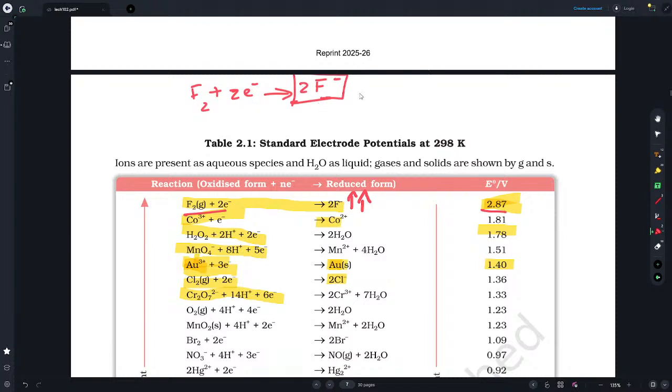This is a reduction reaction, and comparatively to hydrogen it has a very, very high tendency. Fluorine has a very high tendency to become fluoride ions, and as fluorine has a high reduction tendency, we can call fluorine a strong oxidizing agent.